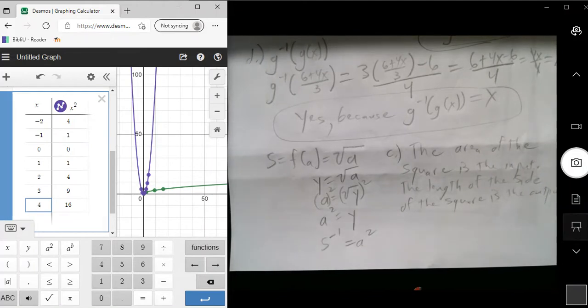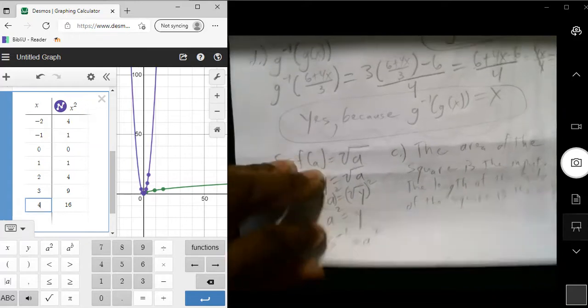Okay, now we come here to D. It says, what are the input and output variables of f inverse? So basically, it's the same thing, just rewritten. So basically, the length of the side, let me write that out.